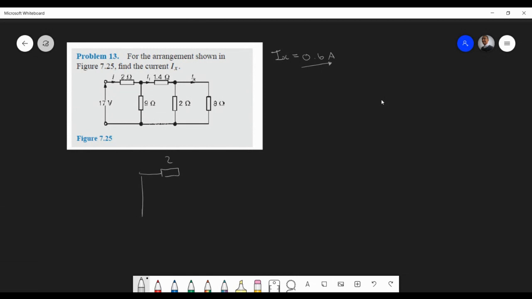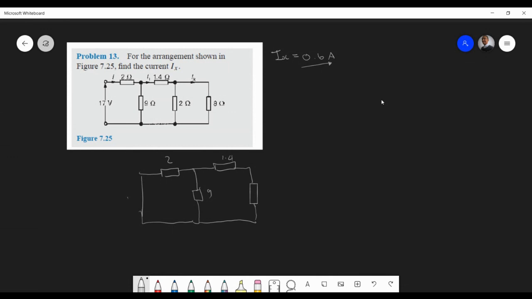So we've got the 2, got the 9, and you've got 1.4, and this now you're putting in parallel. So that's my new circuit.